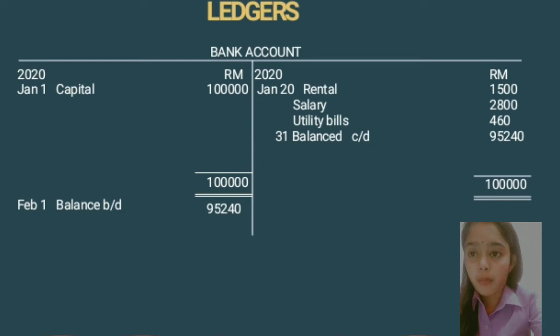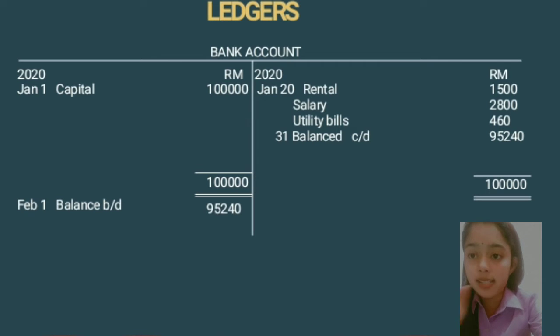First, we have to open bank account on 1st January. Write capital RM 100,000 in debit side, and the total amount will be RM 100,000. Then we have to open capital account 2020 January 31. The balance CD will be RM 100,000. The total amount also 100,000.